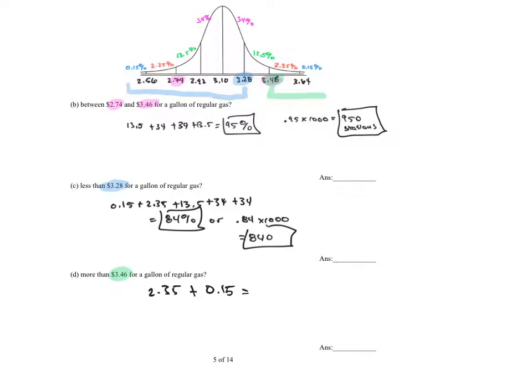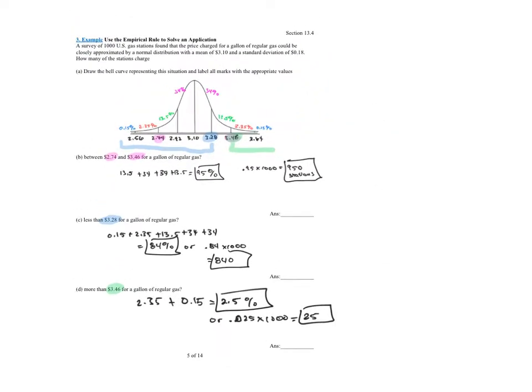I'm getting a total of 2.5%. Or you could do 0.025 times 1,000, and that would represent 25 gas stations. So 2.5% or 25 gas stations.